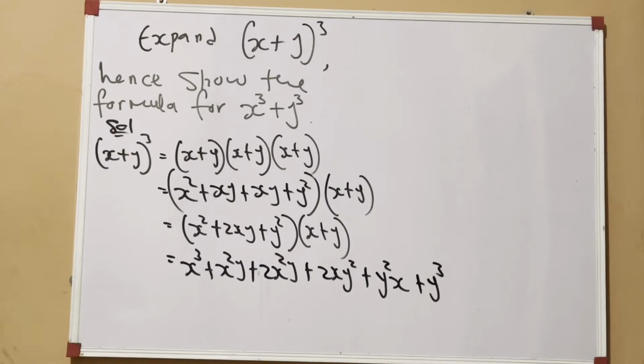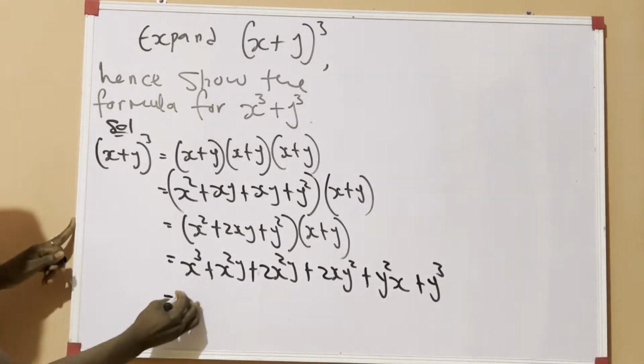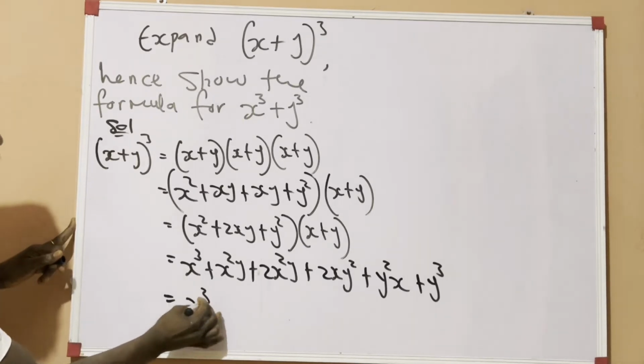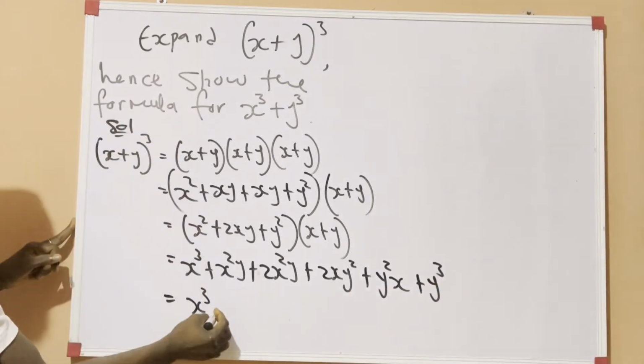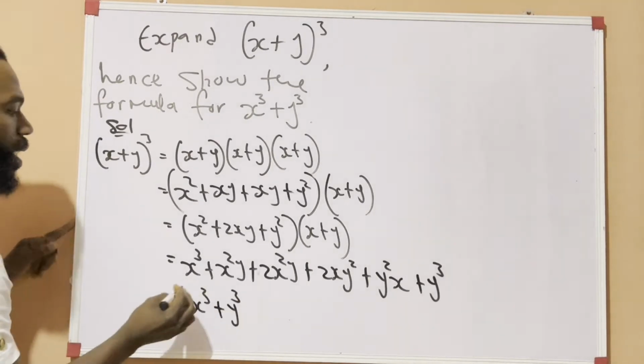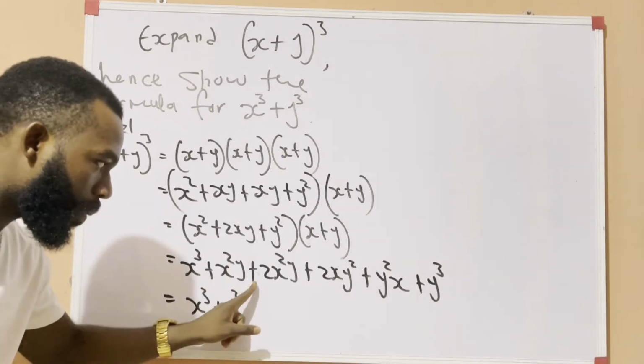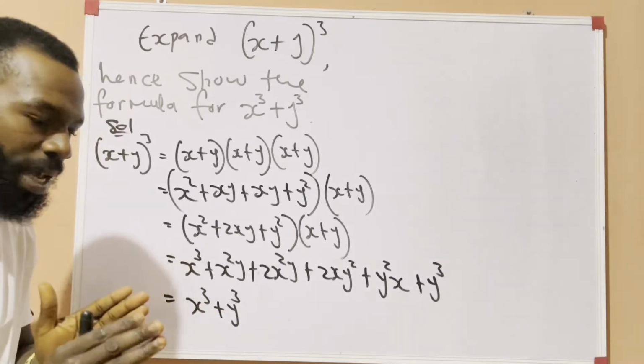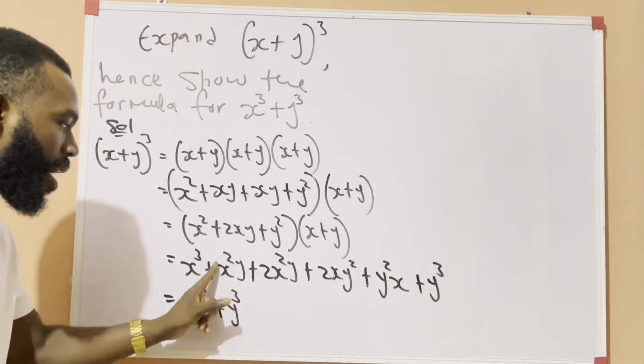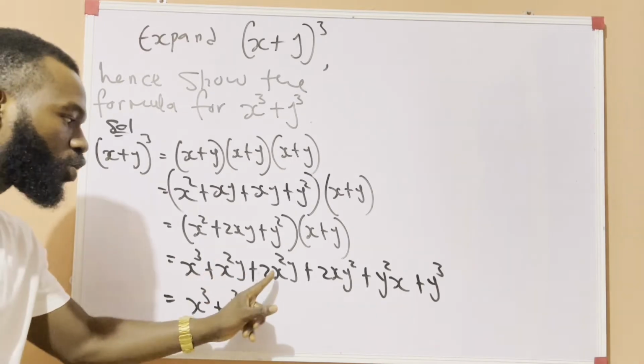Okay, now this is what we are going to do. From this point, we're going to have this x cubed, plus y cubed because they have same powers. Now we have x squared y plus 2x squared y. They are the same, but the x squared y here is carrying just 1. So 1 plus 2 gives us 3.